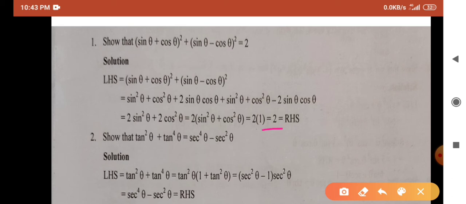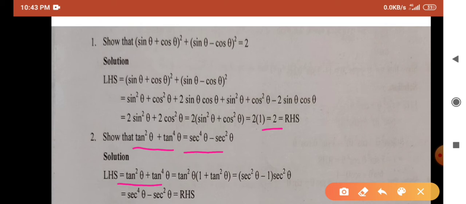The next problem: tan square theta plus tan to the power 4 theta equals sec to the power 4 theta minus sec to the power 2 theta. We have to show that this LHS equals RHS. Again here also, let us consider LHS: tan square theta plus tan to the power 4 theta.